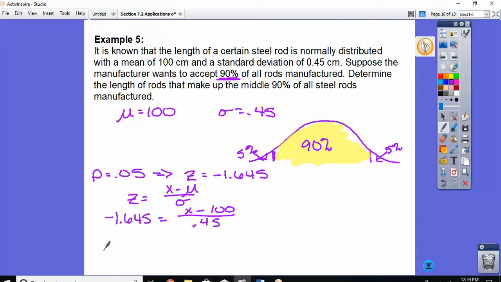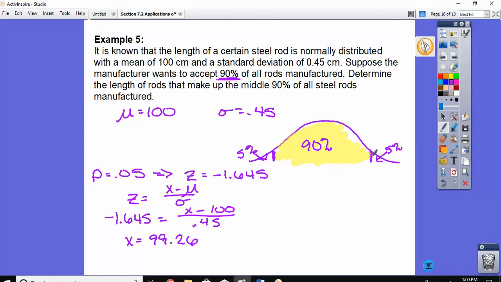So multiply over the 0.45, add over your 100. And then 99.26. So that's the small length here. That's the smallest it could be in this scenario.